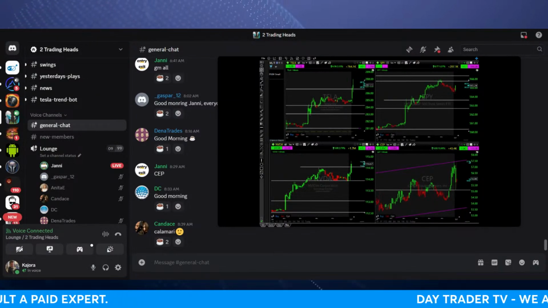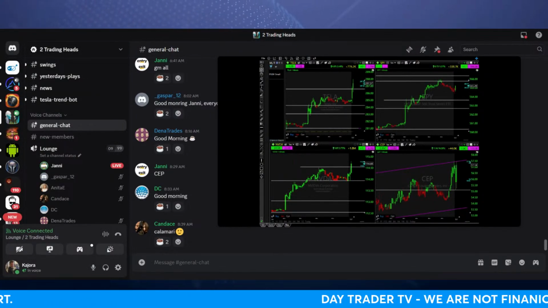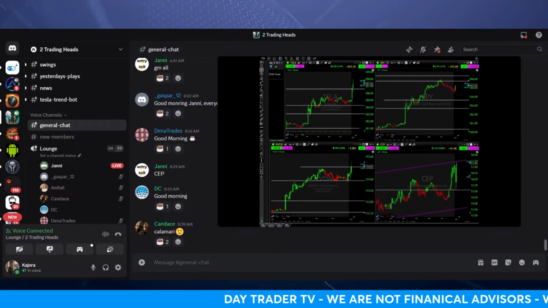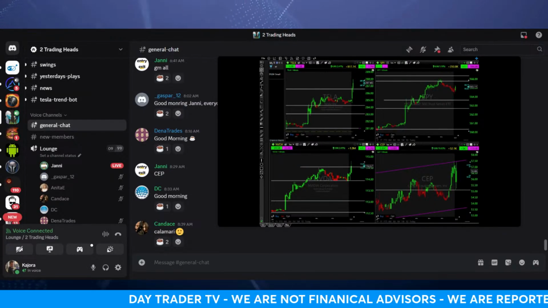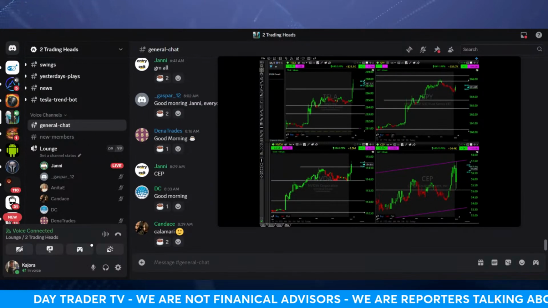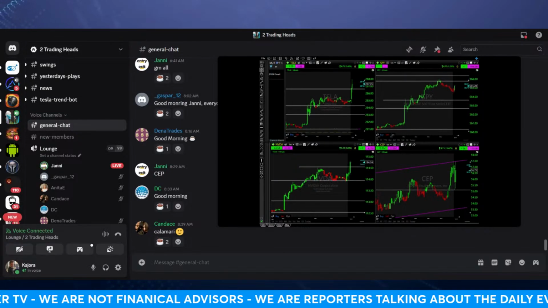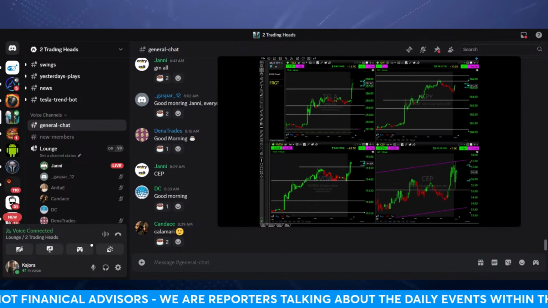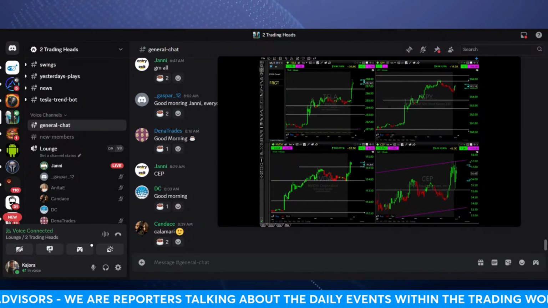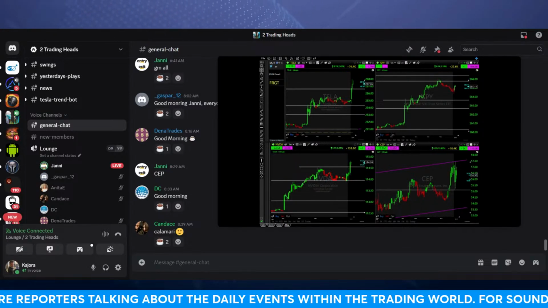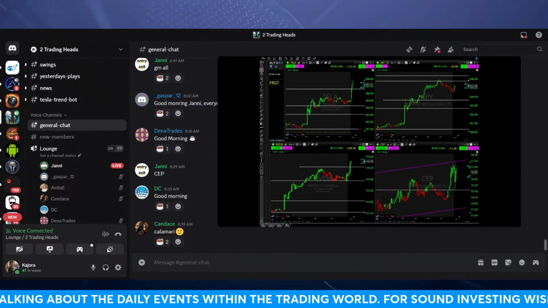Nice push we are getting on ARM, Tesla, Nvidia. Carvana broke, Apple broke. Apple broke on the support and second support and is taking everything down with it. Nice push on PLTR. Coin is trying to push. MSTR pop and dump, APP dumping, breaking on the support, giving us a pull.